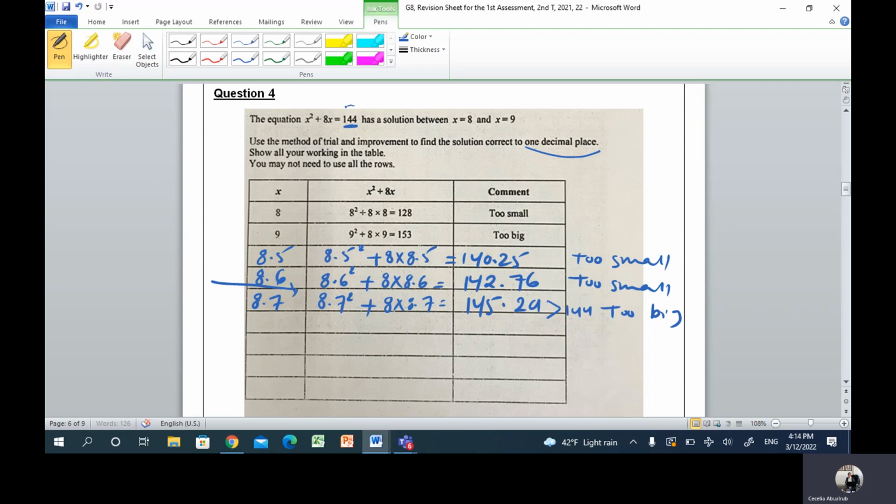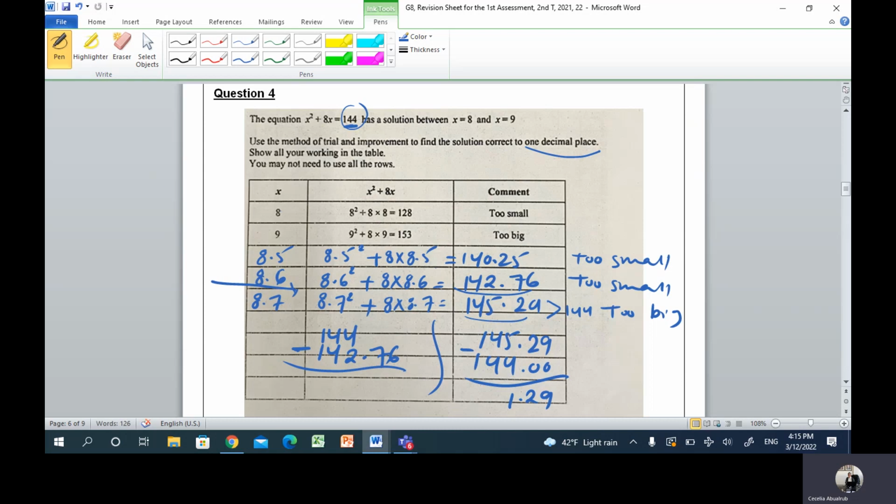So the requested answer here is 144. I will take 145.29 minus 144, and the difference here, the answer will be 1.29.